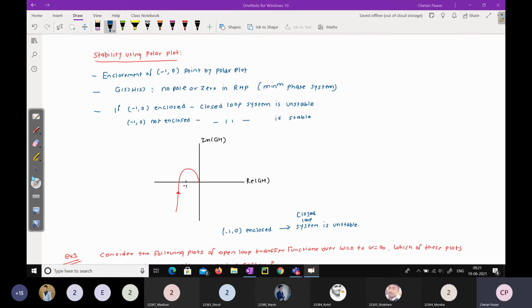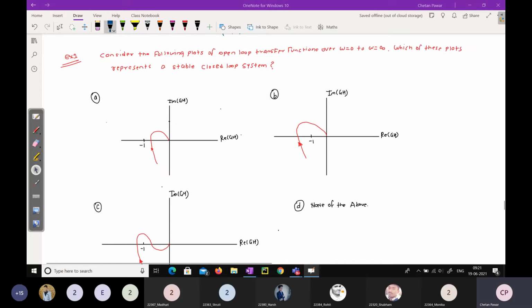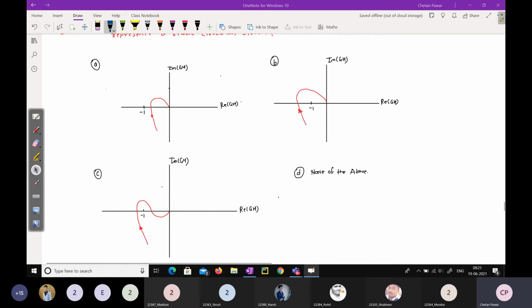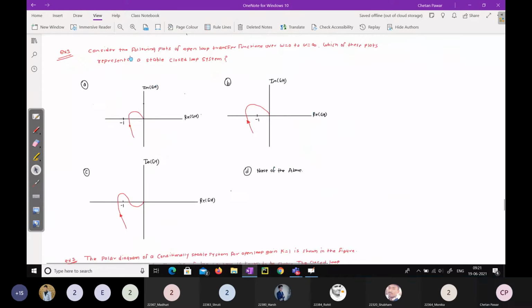Okay, so let us consider one problem so that you will get the idea about the stability using the polar plot. Just take a view here. Now here you can see: consider the following plots of open loop transfer function from omega equal to 0 to omega equal to infinity.